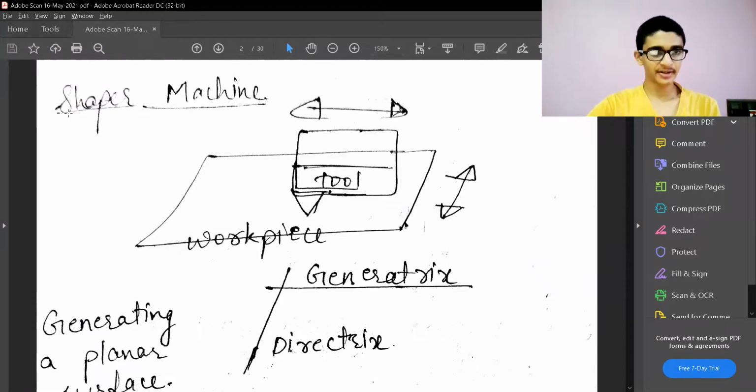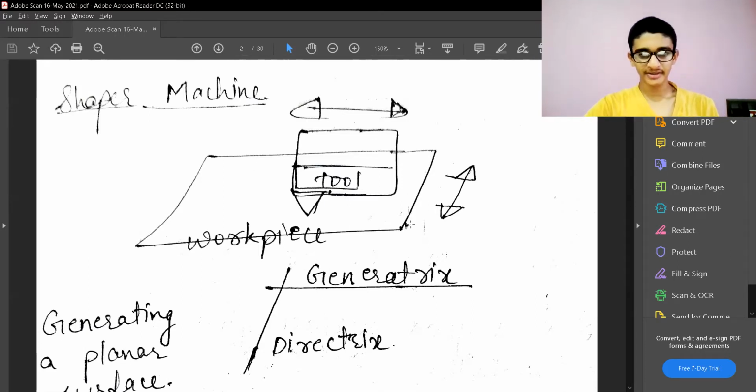So let's take a look at this shaper machine. I have a workpiece laid down on the table, and my tool is going to make strokes, back and forth. In each stroke it makes one stroke, comes back, moves a bit in the perpendicular direction, then makes another stroke.